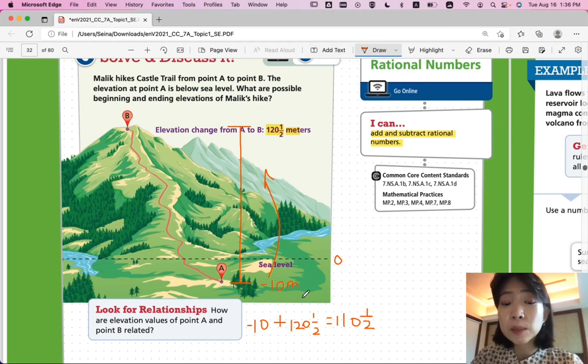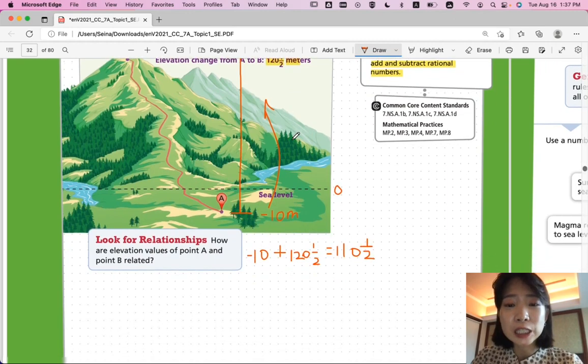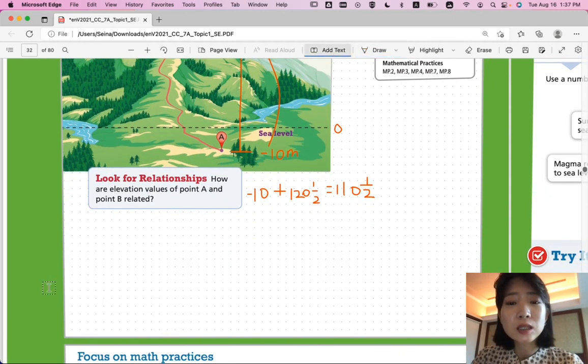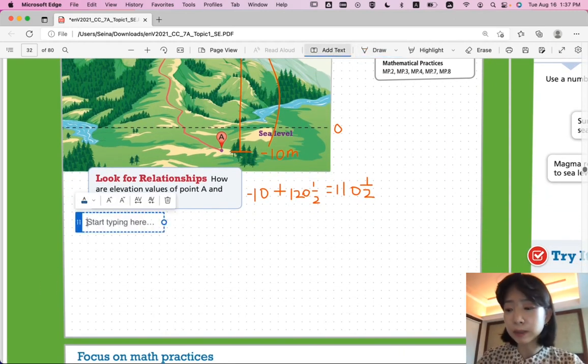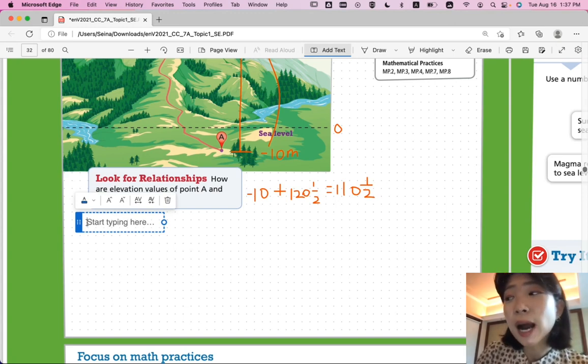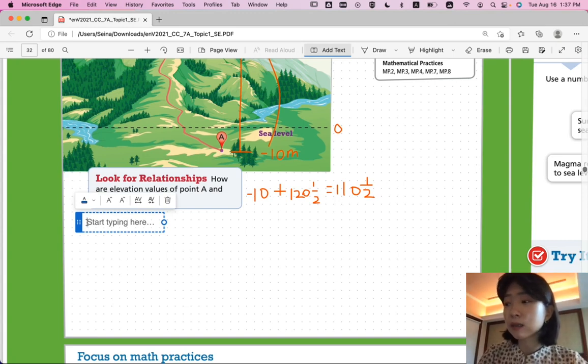If we have a different point for A, then your point B should also change according to the elevation change. But this is just one example of a possible answer. So let's describe what we did.